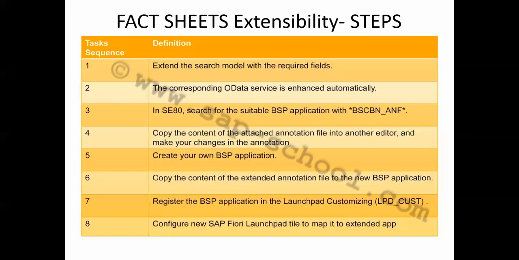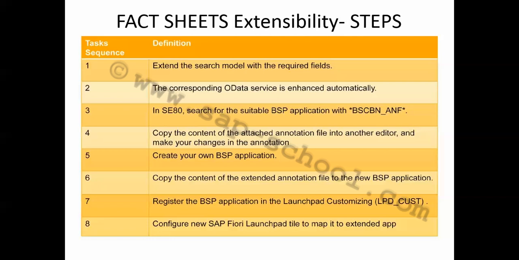First of all, we have to extend the search model with the required fields. Then the corresponding OData service is enhanced automatically. Then in SCAT, we search for the suitable BSP application. Then we have to copy the content of the attached annotation file into another editor and make our changes in the annotation.